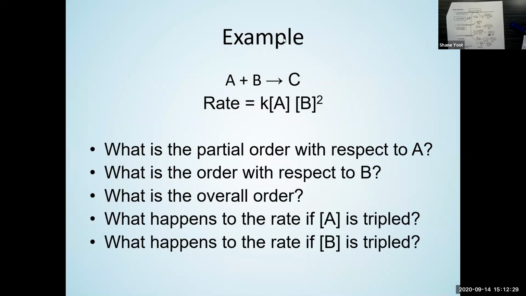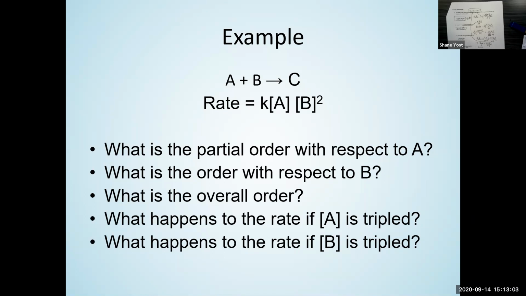So then in this example, what is the partial order for this reaction given the rate law with respect to A? 1, right? The power of 1 is typically not written. If it's 0, then it won't actually appear in the rate law, so we'll do an example of that in a second. So what is the order with respect to B? 2, yep.